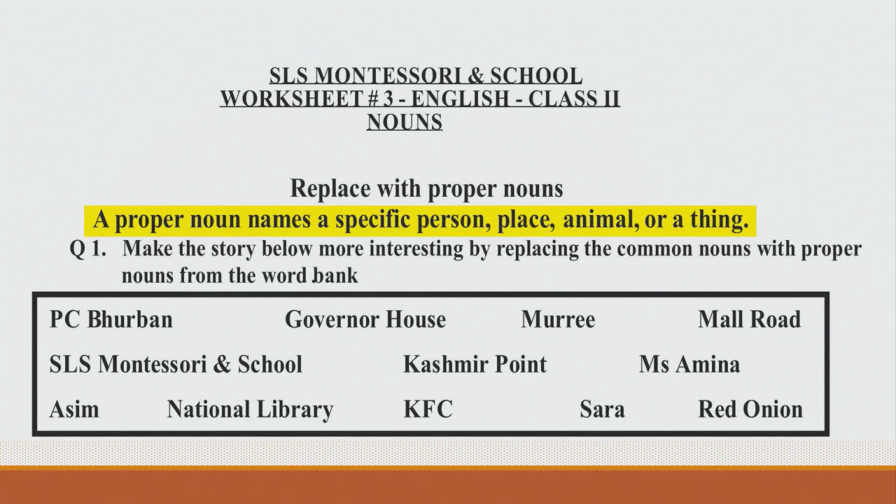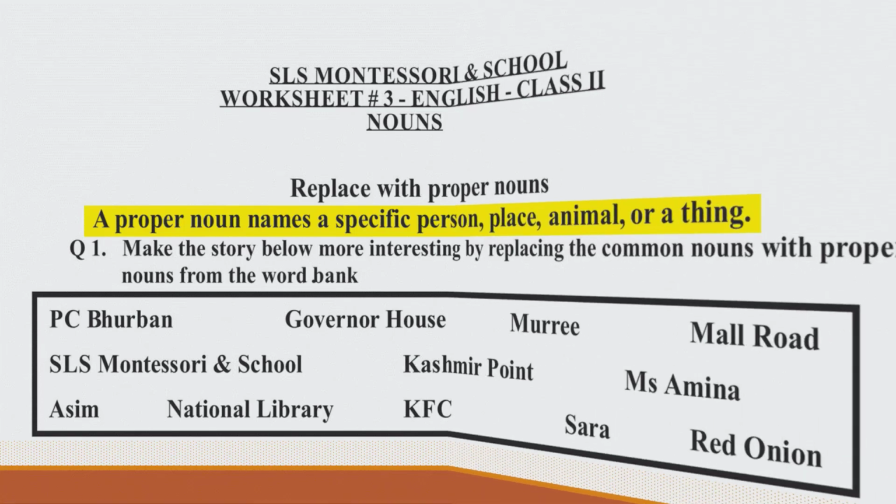Now what can you see in this box? The words are given over here and you have to fill in this paragraph, like the story, by using these proper nouns from the box. The words are PC Bourbon, Governor House, Murray, Mall Road, SLS Montessori School, Kashmir Point, Miss Amina, Asim, National Library, KFC, Sarah, Red Onion.